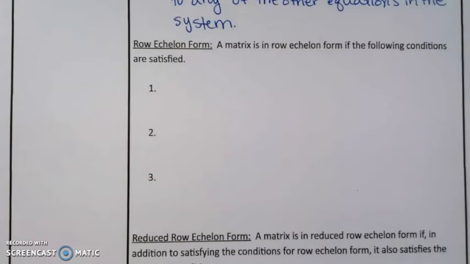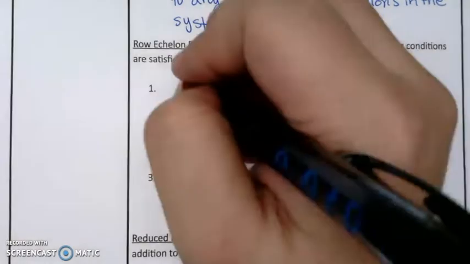Now our goal for using Gaussian elimination is to reduce our system of equations into row echelon form. So what is row echelon form? Well, it's a matrix with the following conditions.